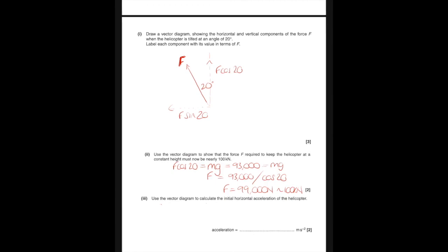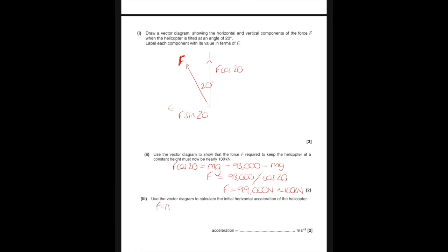Okay, so now we're being asked to find the acceleration of the helicopter. Now this is a bit of F equals ma, which we haven't really done yet, but it's GCSE, so I think we can cope. Horizontally, what is the force that we've got? Well, the force we've got horizontally is F sine 20, and we've just seen that F is actually 99,000.